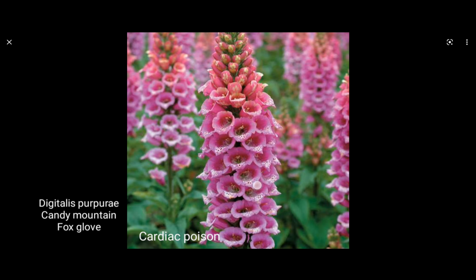We can remember this. Or foxglove: imagine a fox wearing a pink colored glove, or candy mountain, pink candies arranged in a mountain. And it is a cardiac poison. Like the digitalis drug, which acts on the cardiac system. So digitalis is a cardiac poison.